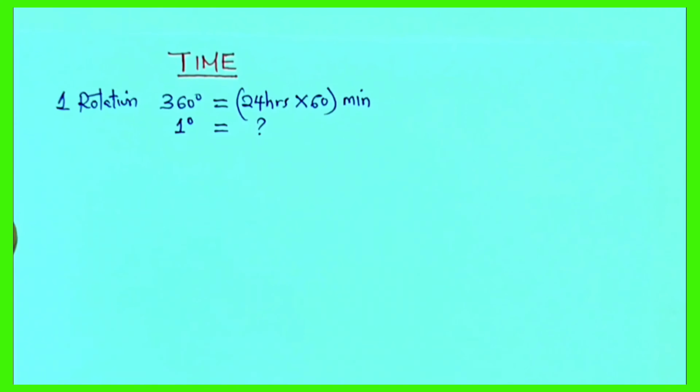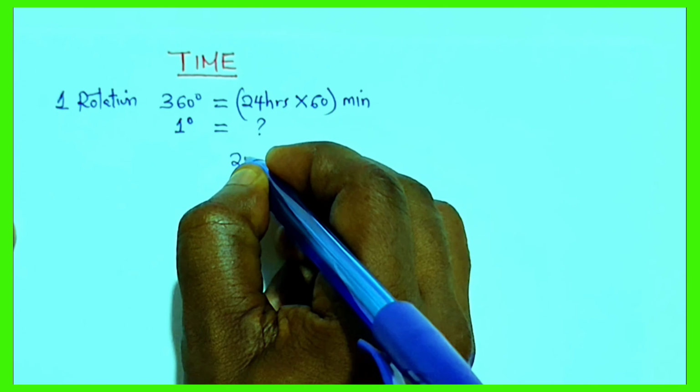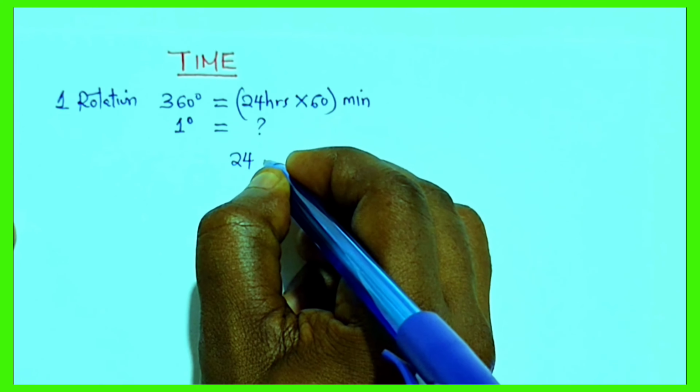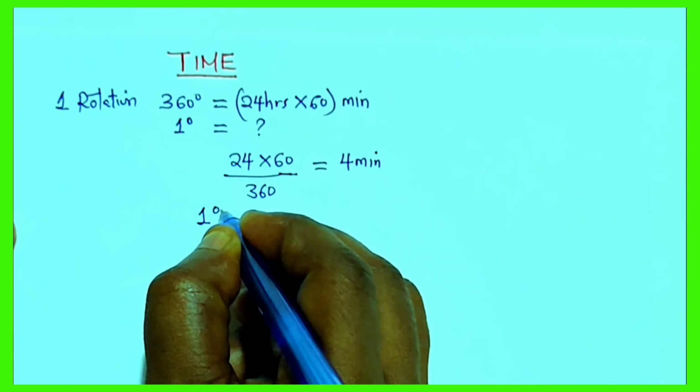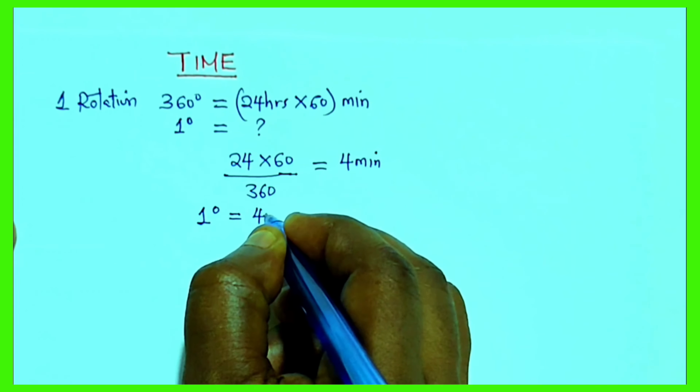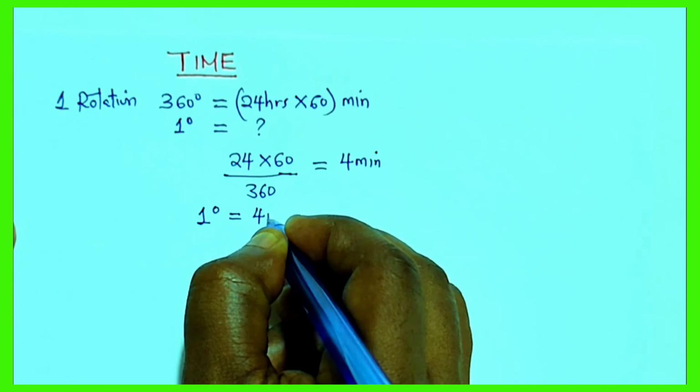And by cross multiplication we are going to have 24 multiplied by 60 and then divided by 360 degrees. So we end up getting 4 minutes. And therefore it means that 1 degree will be equal to 4 minutes.